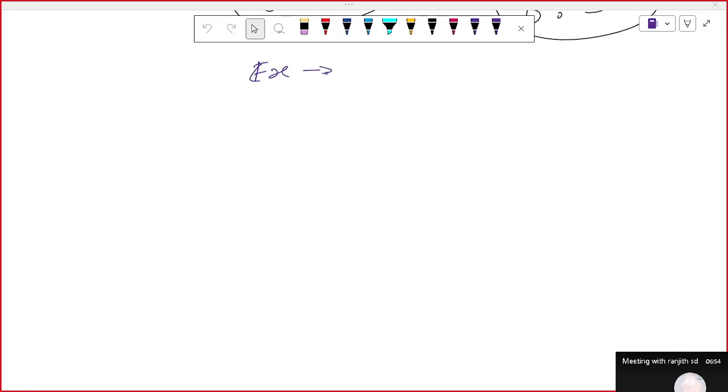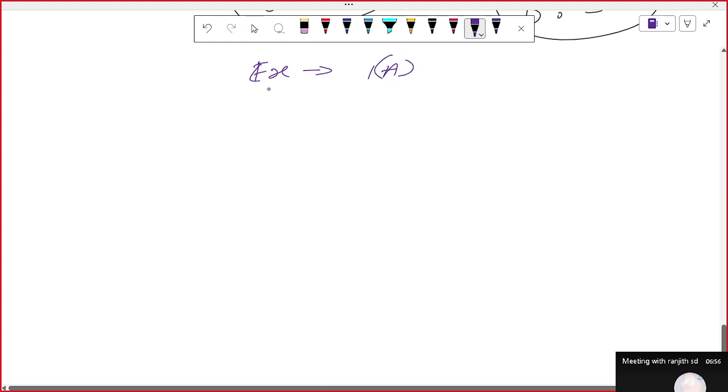Exercise 1A. We'll quickly revise one or two questions. You'll know the first main, right? Addition, subtraction. Which method do we use? First and second main. LCM. Yeah, we take LCM and solve. First, second, and third main, LCM.